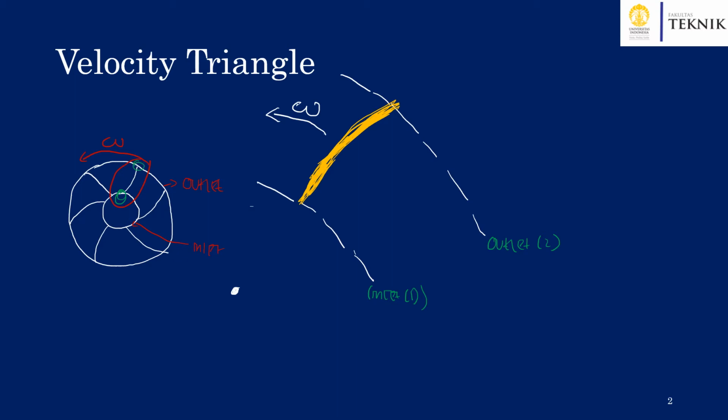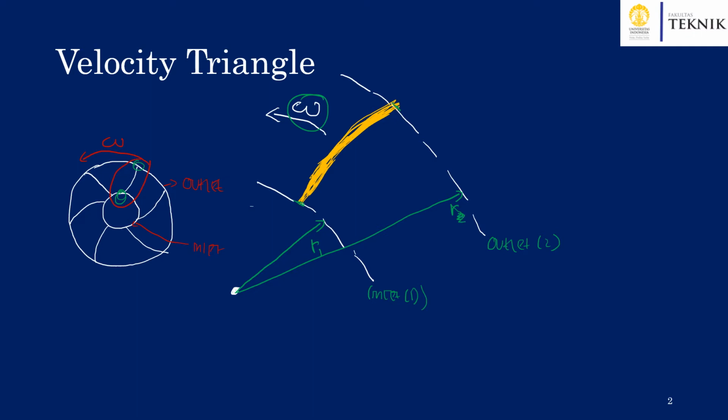Between these two areas, inlet and outlet, the blade has an angular velocity of omega. Now let's say that we have this white dot as the center of the radius, and then we will have R1 as the radius of the inlet, and R2 as the radius of the outlet.